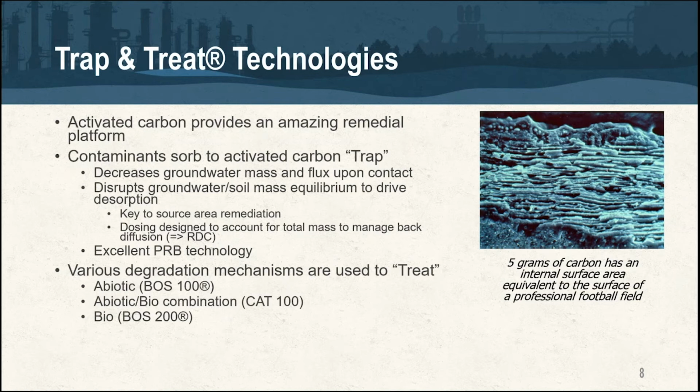But by treating the groundwater, disrupting that natural equilibrium, you get the mass desorbing from soil into groundwater. And I'll show you some long-term soil data here in a few minutes. But the one thing that I'll keep reminding you is that you need to have time for that to happen, especially if you're talking about significant soil mass, because we can't control that desorption rate. Okay.